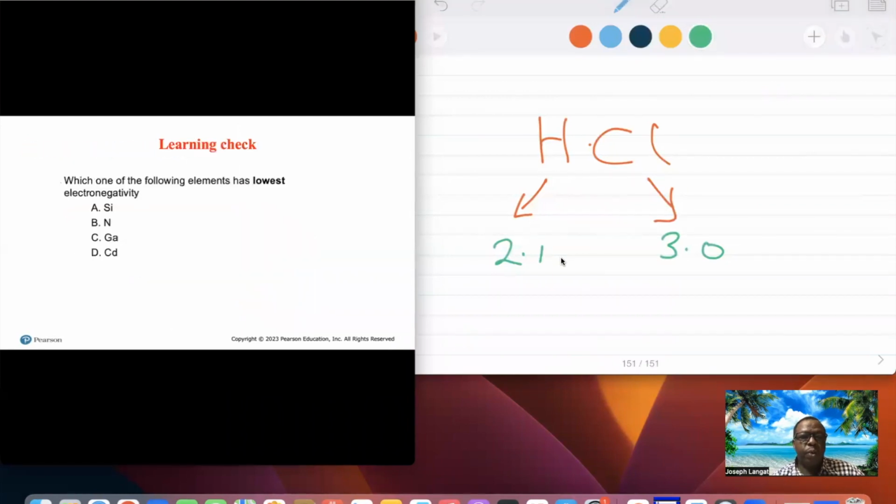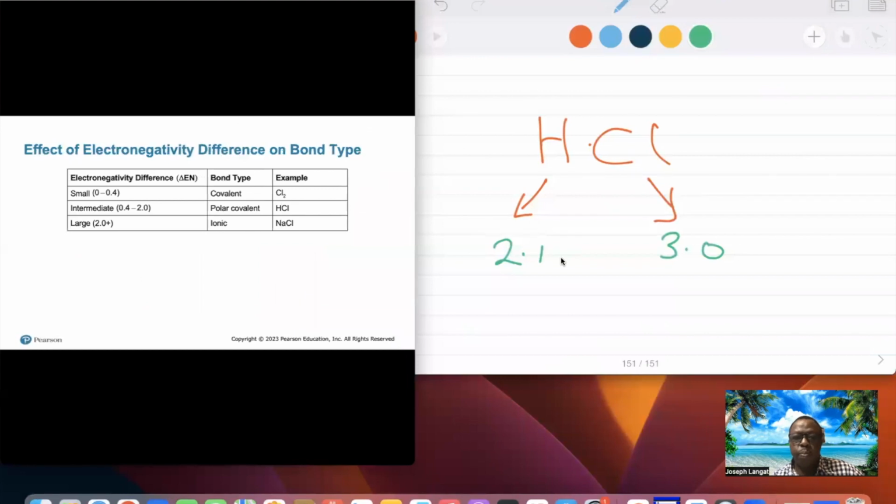If I want to find whether HCl is polar or non-polar, the change in electronegativity is 3.0 minus 2.1, which is 0.9. If you look at this domain, 0.4 to 1, we say it's polar covalent.